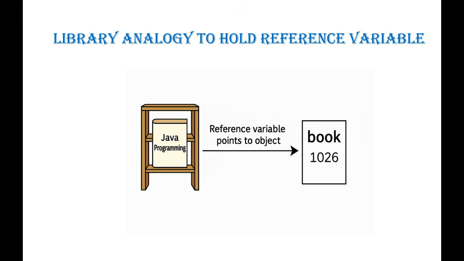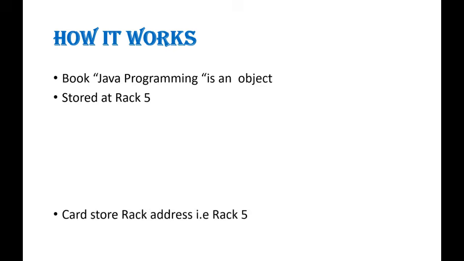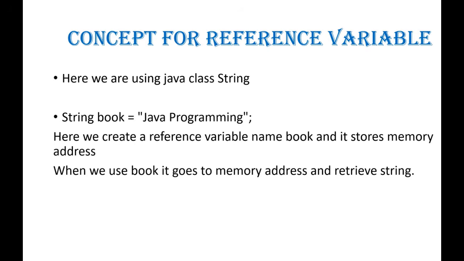Let us understand how it works. Suppose I have the String class. In order to store a sequence of characters in Java, we use a class or defined structure named String. So I declare a variable, say book, as a reference variable of type String, and I store the value Java Programming inside it.